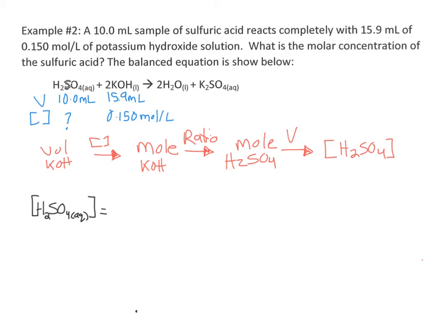So we're looking for the concentration of H2SO4. We're going to start with our volume of KOH. So we have 15.9 milliliters of KOH. We're going to convert that to moles using our concentration of 0.150 mole KOH over 1 liter of KOH.